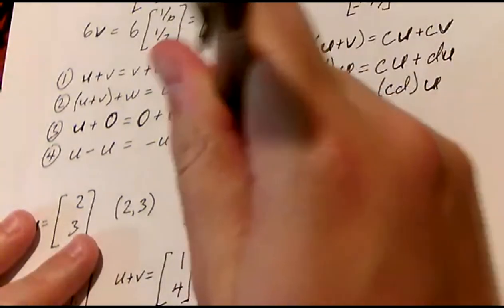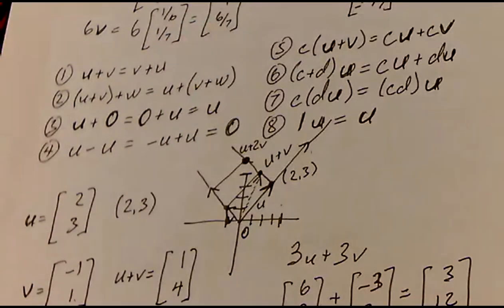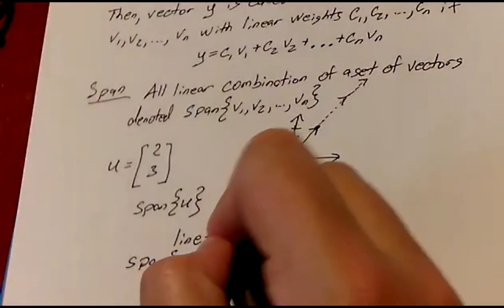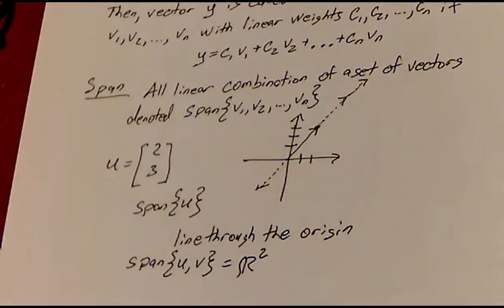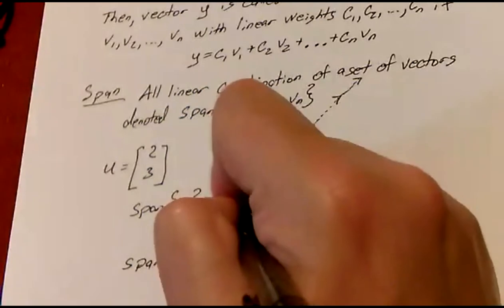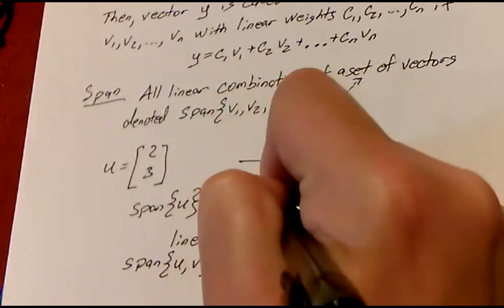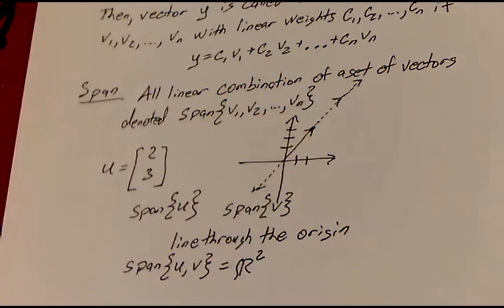I can pick any spot and find its coordinates on that grid, so I can come up with a combination for it. So the span of u and v is equal to all of R2. Now the span of just v is also a line through the origin, just a different line. It's all the multiples of those vectors.